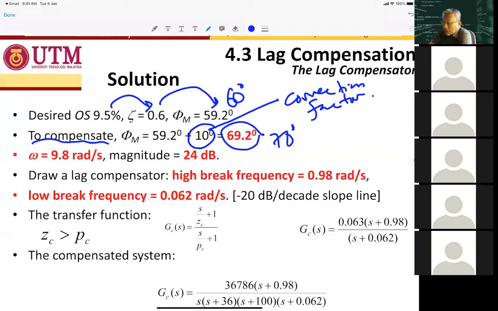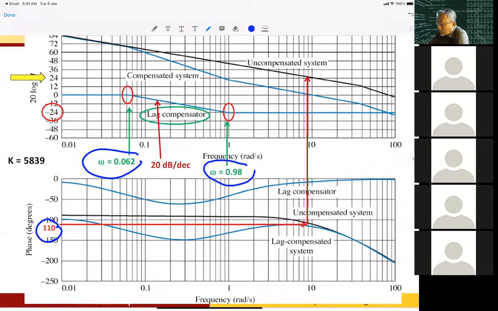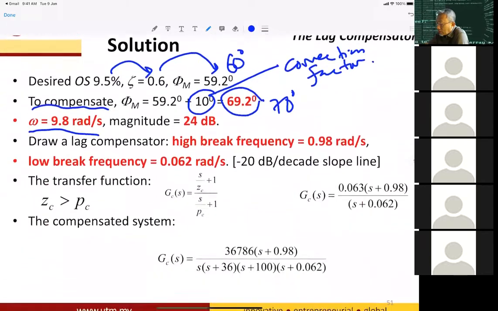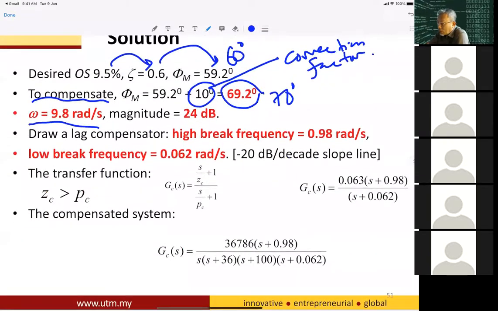lag compensator design. So at omega 9.8 radian per second, which is roughly here, it should give you a phase margin of 70 degrees.